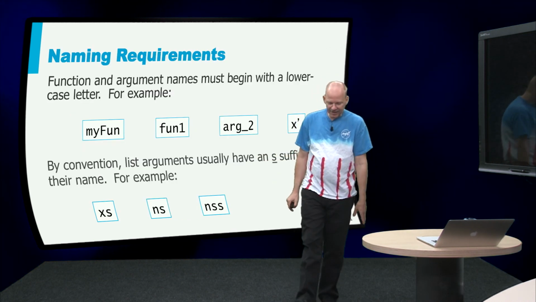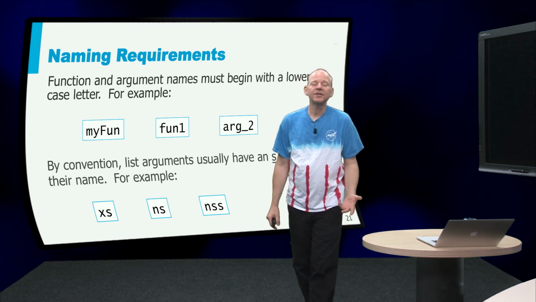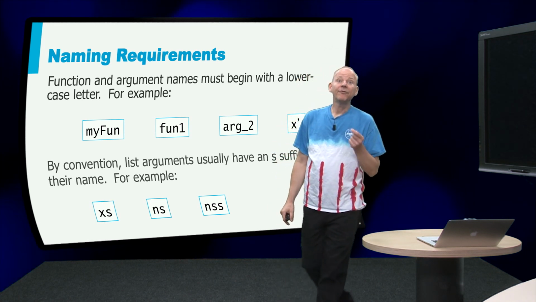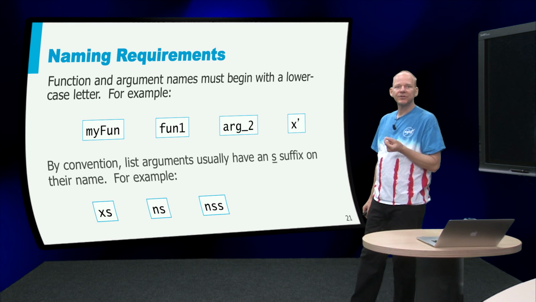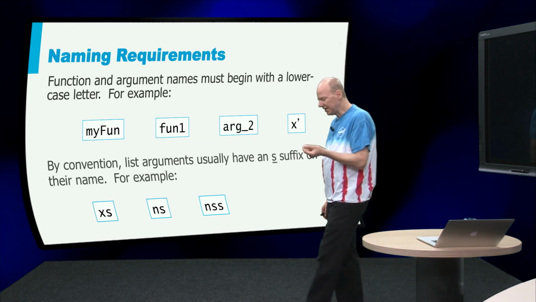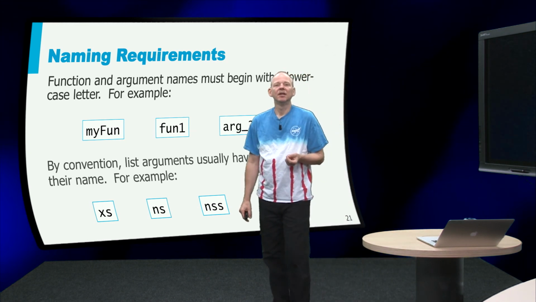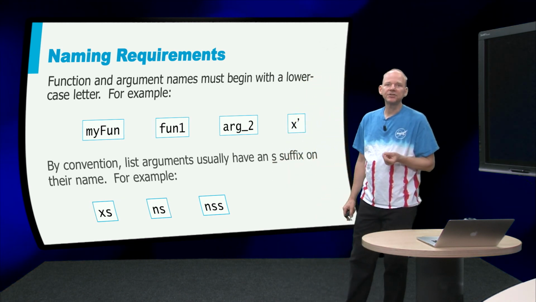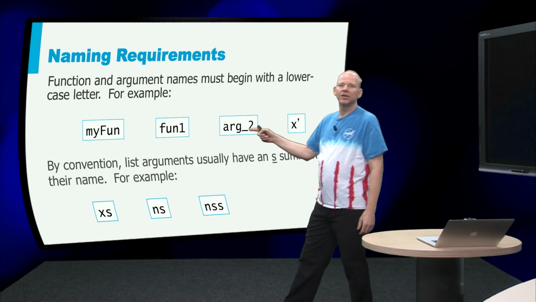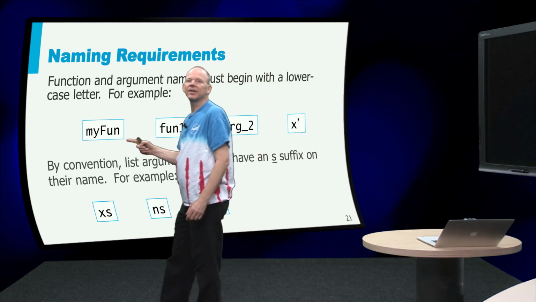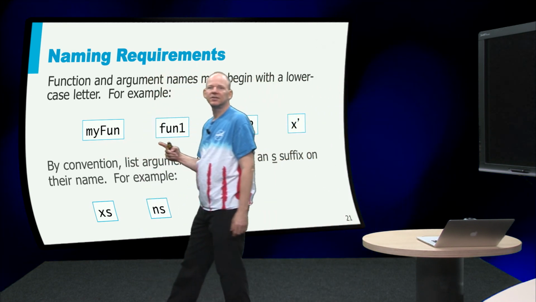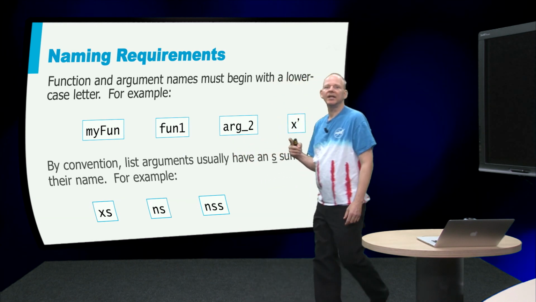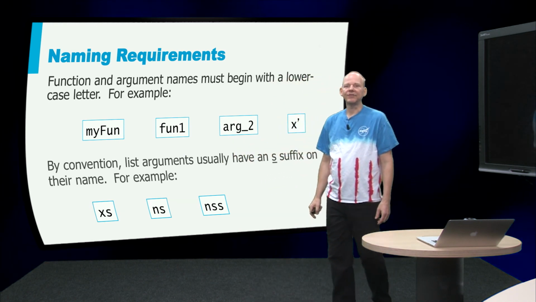A few syntactic oddities in Haskell. Functions and parameter names must begin with lowercase letters. Okay? So if you define a function, it must be of this form. But you see, any of these starts with a lowercase letter.